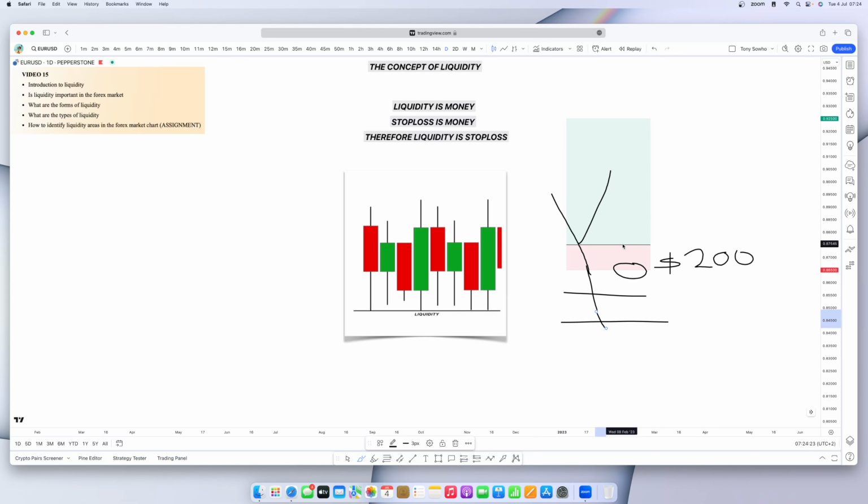I'm getting in here, I'm okay risking $200. If this trade does not go my way, okay, broker, please close me at $200 loss, so I can have 1,000 balance left and fight another day, right? So this area is my stop loss area, and I'm risking $200 at 0.86500. This is liquidity.